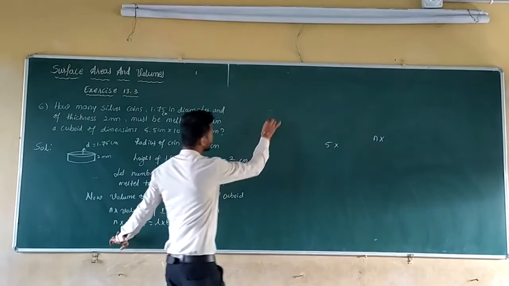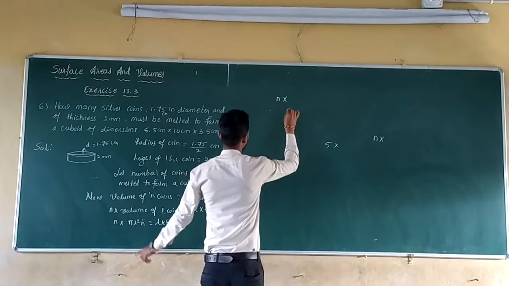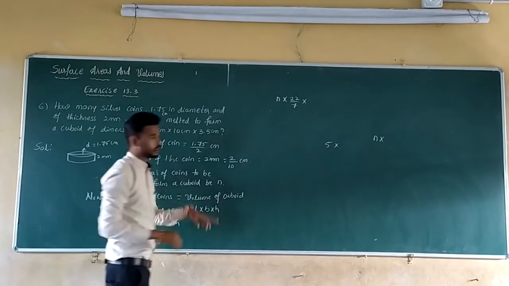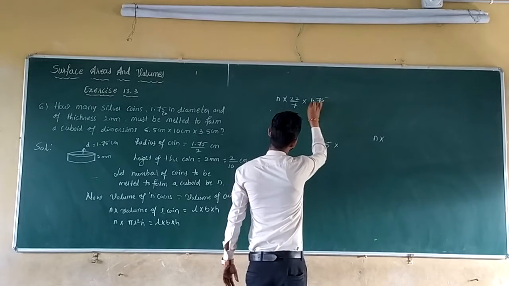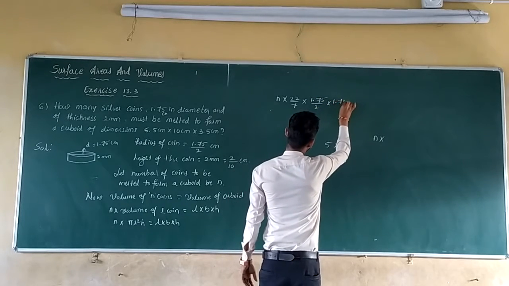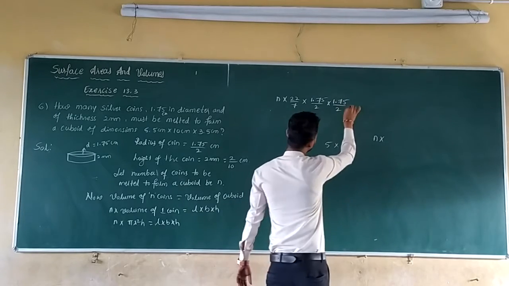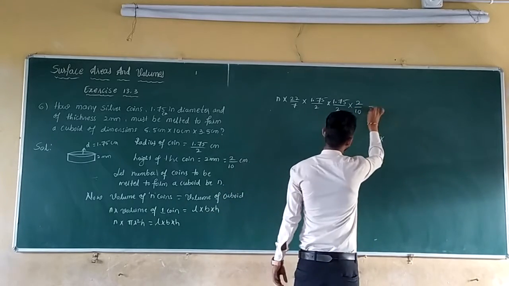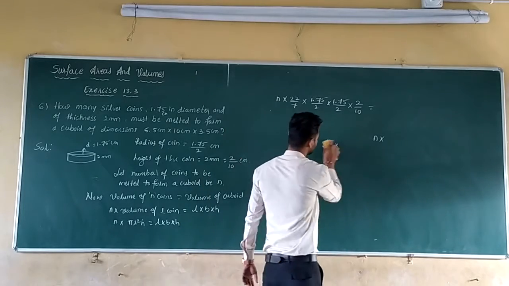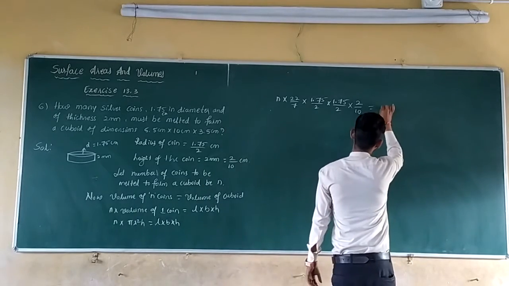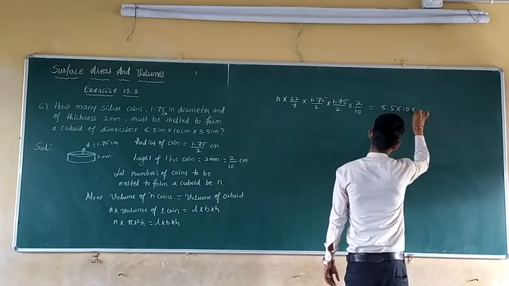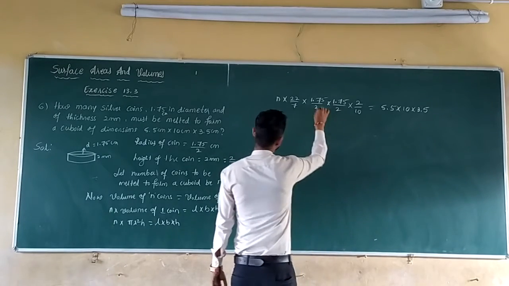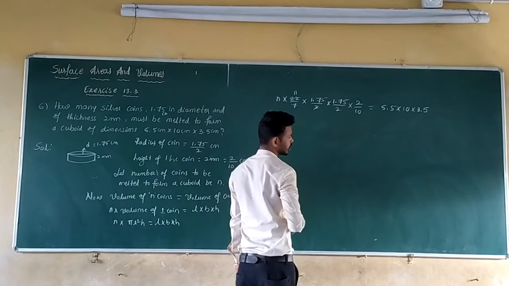Now substitute the values. n into pi value is 22 by 7 into radius 1.75 divided by 2 into 1.75 divided by 2 into height of the cylinder, that is 2 by 10, which is equals to length into breadth into height. They are given 5.5 into 10 into 3.5.